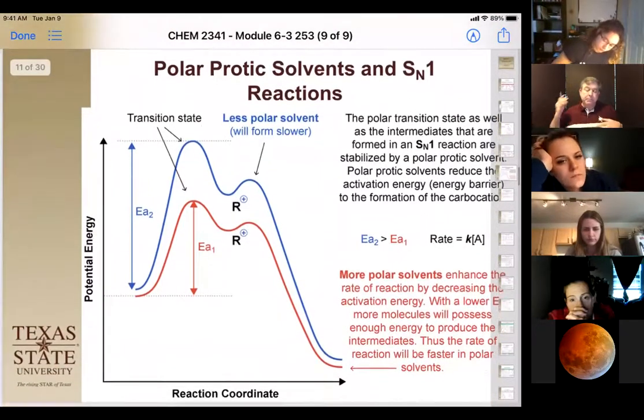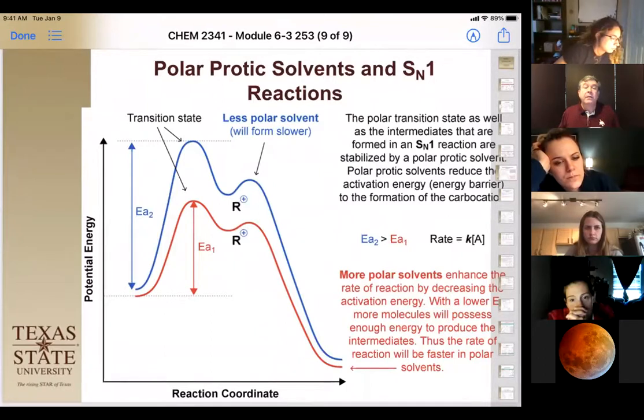So how does polarity help? Well, if you have a protic solvent helping, then it's going to help stabilize the charge coming off, and it's going to start hydrogen bonding with your leaving group before it ever even reaches that transition state.